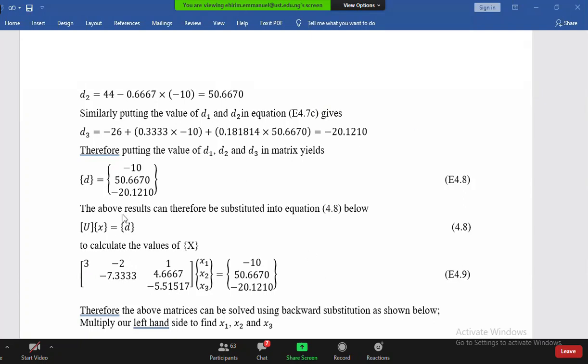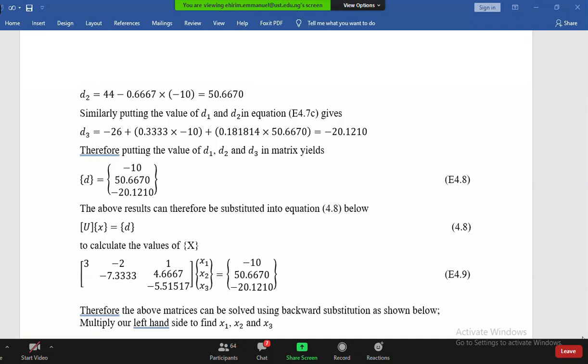Okay, so we will now use the above result, which can be substituted into equation 4.8 below using U and D to calculate X. Actually, the D here should be a big D and X here should be a capital X. So we have U, this is 3, minus 2, 1, then minus 7.3333, 4.667, and this one is X1, X2, X3, and this is the modified D now.